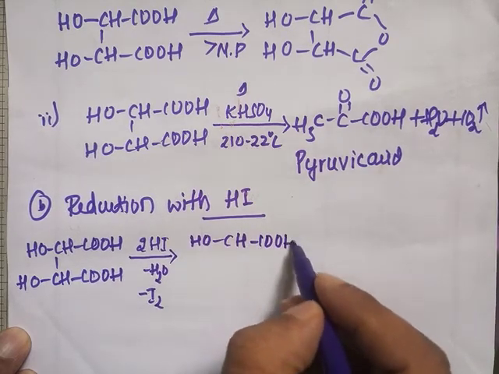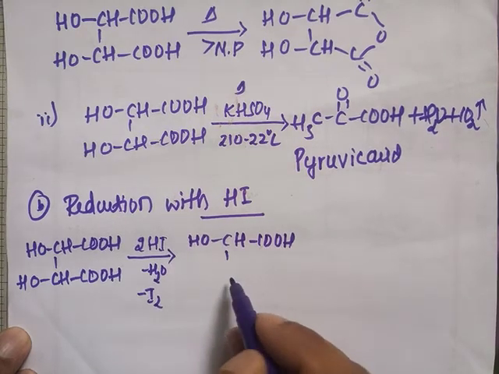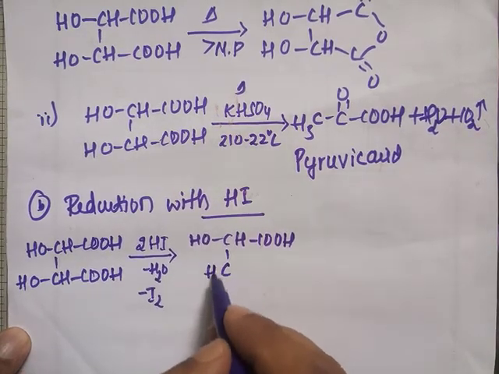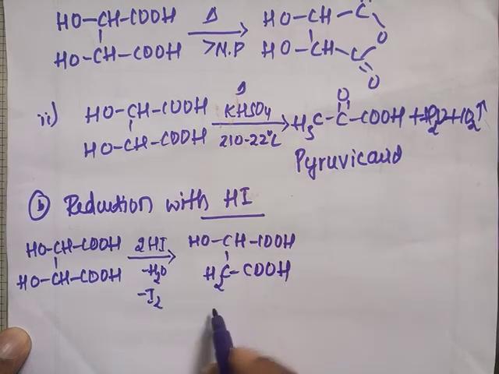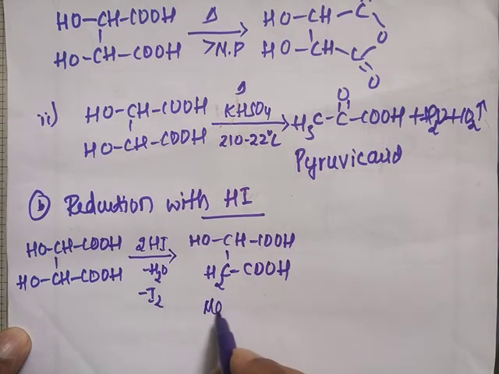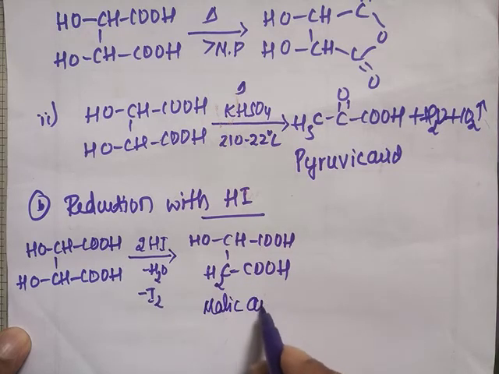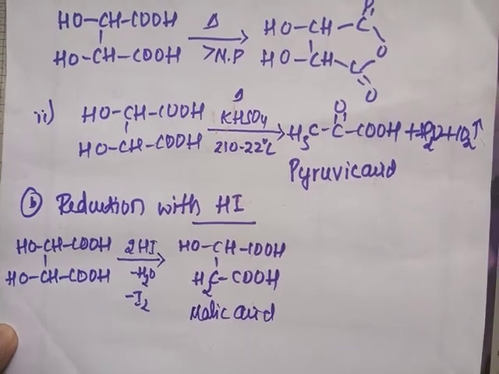Malic acid is also an example of a dicarboxylic acid. So this is malic acid.